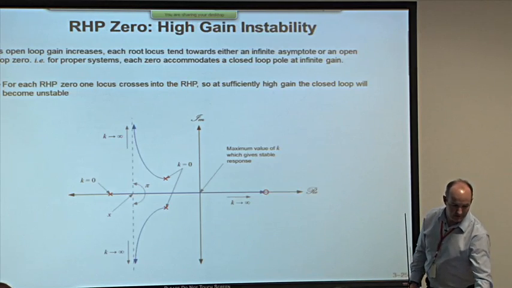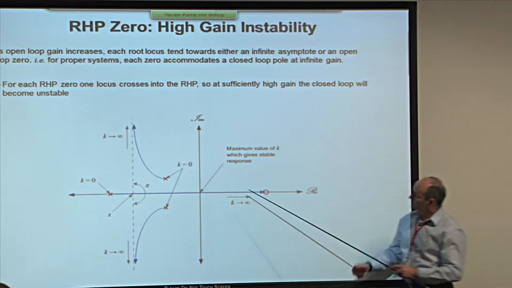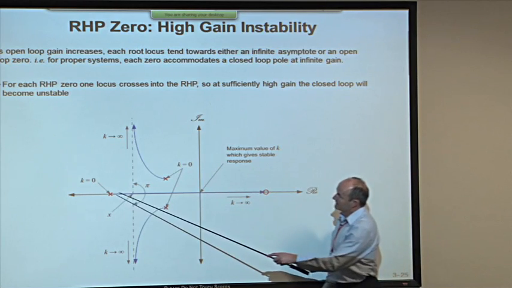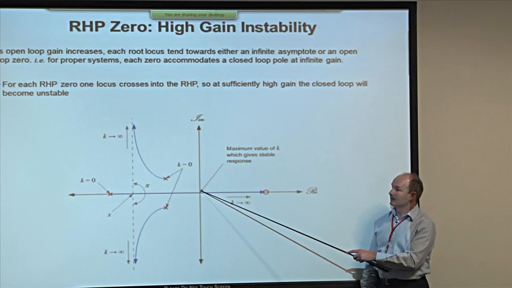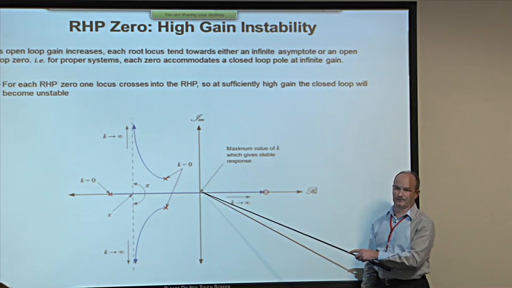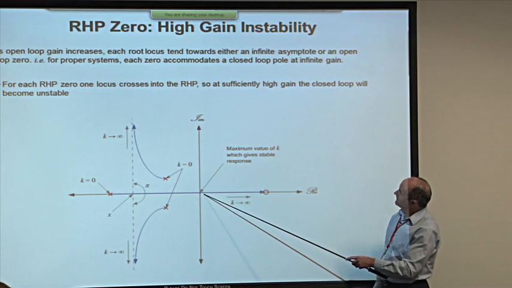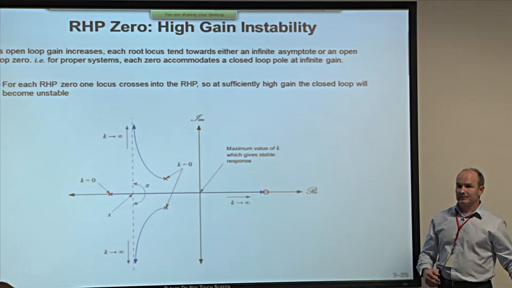Right half plane zeros also impose an upper limit on the gain that you can apply, because in this case, one of these loci crosses into the right half plane at this value of gain, and therefore you've ended up with a limit on the gain that you can apply and still end up with a closed loop stable system. Okay? So that's another thing.